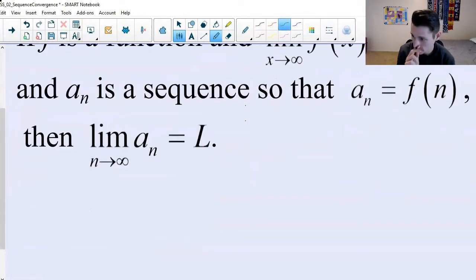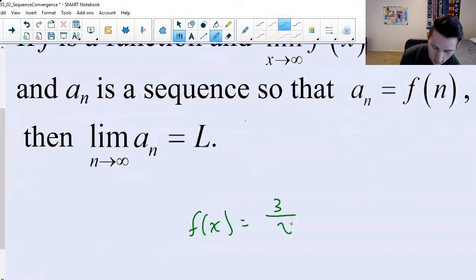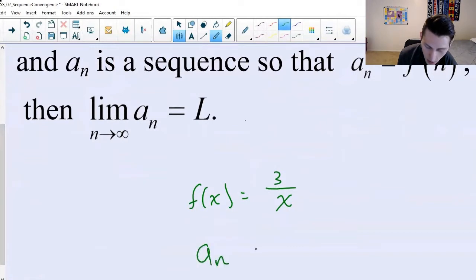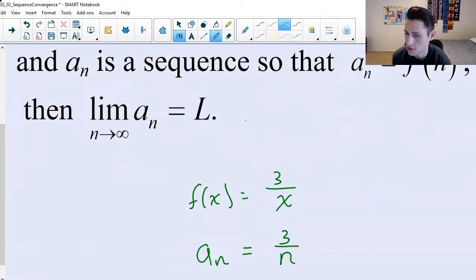So if I had a function 3 over x, and I knew that it has a limit, and then I decide I want it to be a sequence instead, the sequence has the same exact limit that the function would have. It doesn't matter whether I'm writing out the terms of a sequence or dealing with the function, they still have the same limit at the end. That's all that's saying.